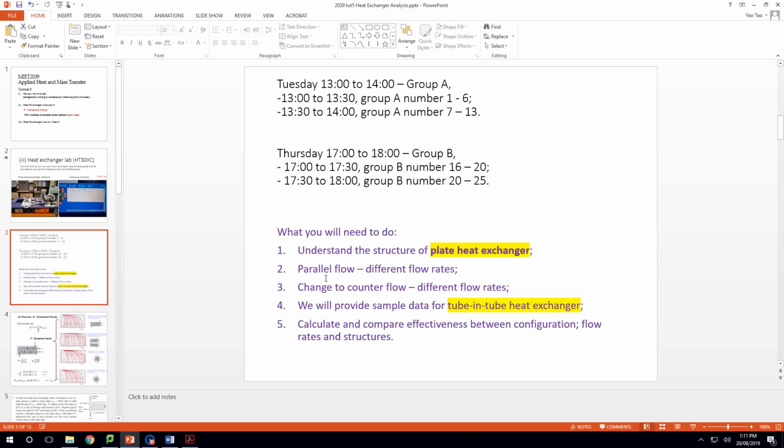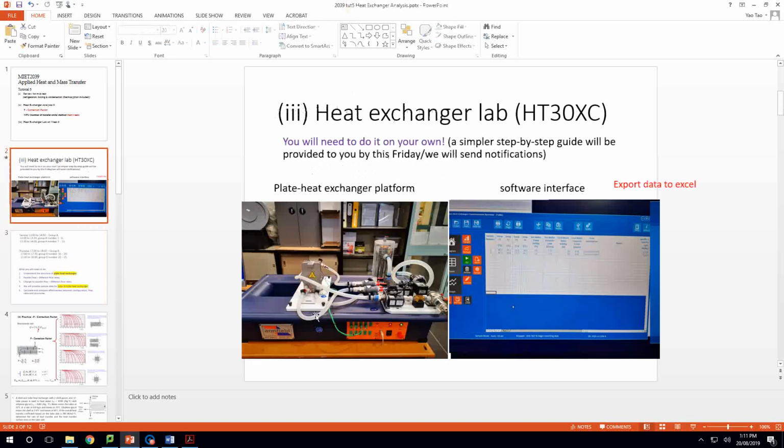So you will have a set of data to analyze the difference between parallel and counterflow in terms of effectiveness. Another data set we'll provide is for a different type of heat exchanger, which is tube-in-tube. But because the setup is limited on this platform, it's quite unnecessary to change this plate exchanger to a tube-in-tube heat exchanger, because all the other things would be quite similar.